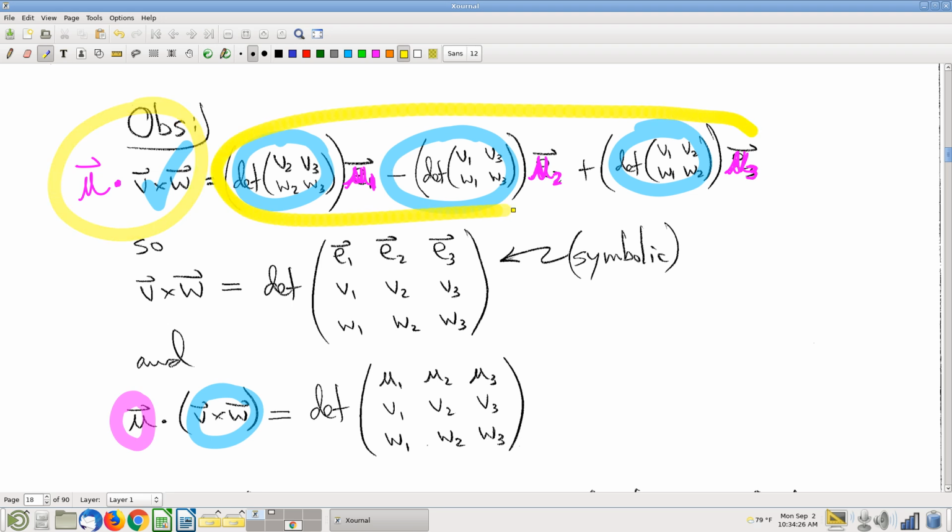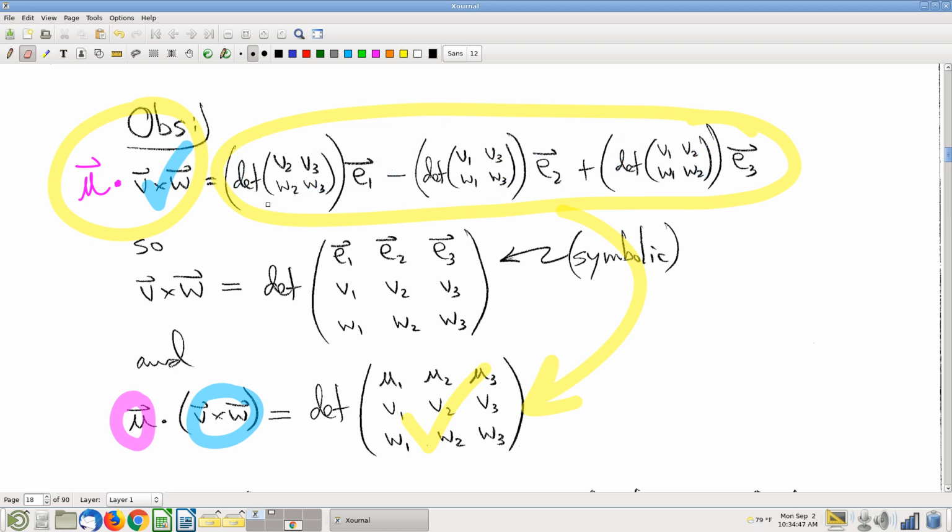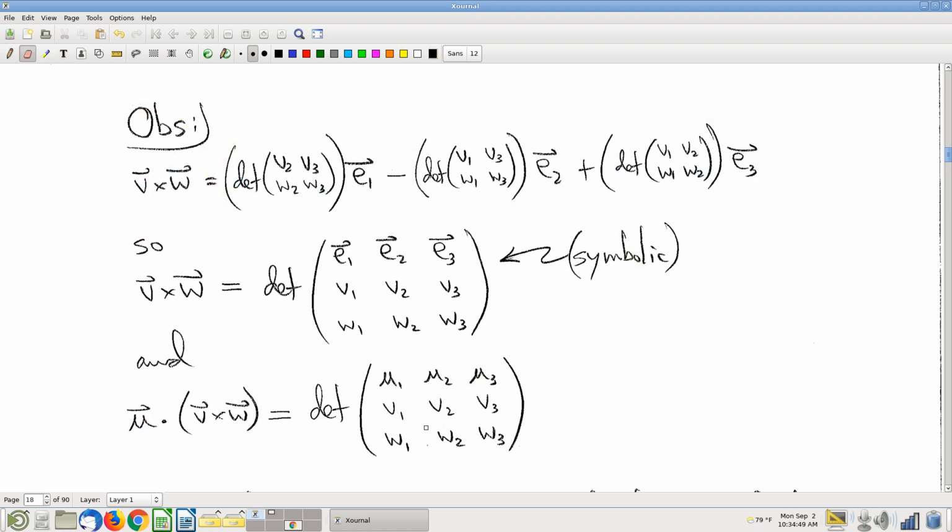And the dot product is that expression, and then you notice, like, cosmetically, right? Structurally, the layout on the page of those symbols looks just like this one, just with U's instead of E's, right? And so it's this formula. And that lays out on the page really nicely. And so, coming back down here, this is a really nice, handy little formula for how to do a dot product with a cross product.